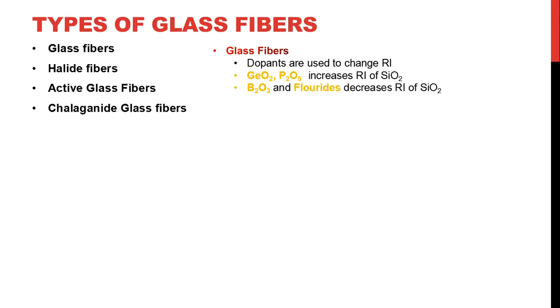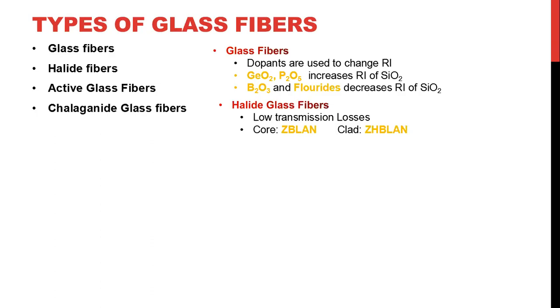GeO2 and P2O5 will increase the refractive index of SiO2, while B2O3 and fluorides will decrease the refractive index of SiO2.